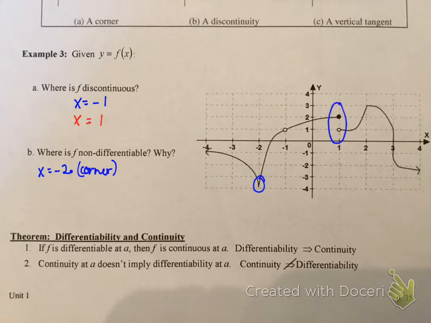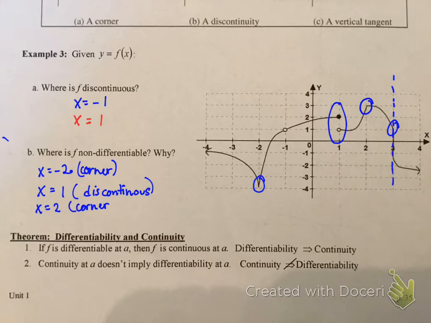And the reason why is it's a discontinuity. Okay. And then we also have an issue where we have a corner here. So that's a problem child. So x equals 2 is a corner as well. And finally, at this point right here, my tangent line is now vertical. So when x equals 3, we got a vertical tangent line.